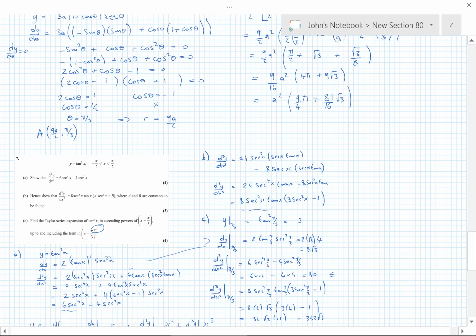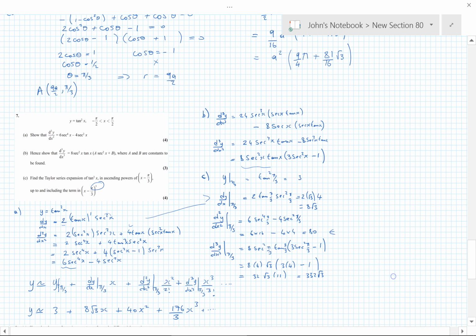That's quite standard. Bit fiddly with our Taylor series. Have to be careful with the chain rule. This is the kind of point, I suppose, if you're dodgy with your chain rule, I haven't used any u's or anything like that. We really need to be fluent with our use of the chain rule here.